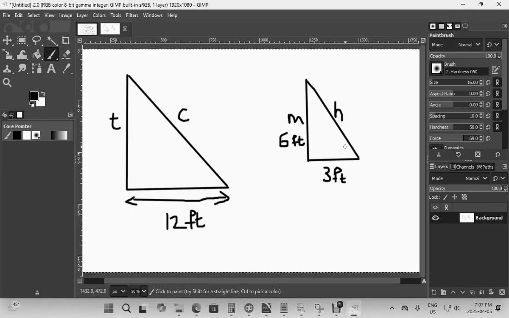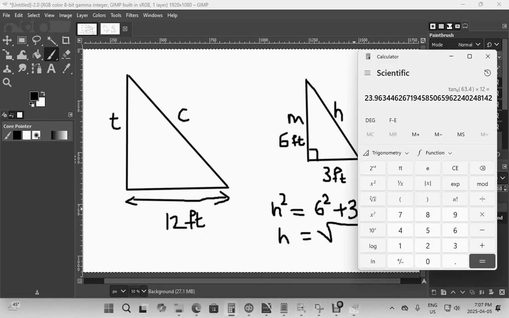So now what you want to figure out is H. And we know that H squared equals 6 squared plus 3 squared. This is your Pythagorean theorem, right? Because it's a right angle triangle. So H is the square root of 36 plus 9.